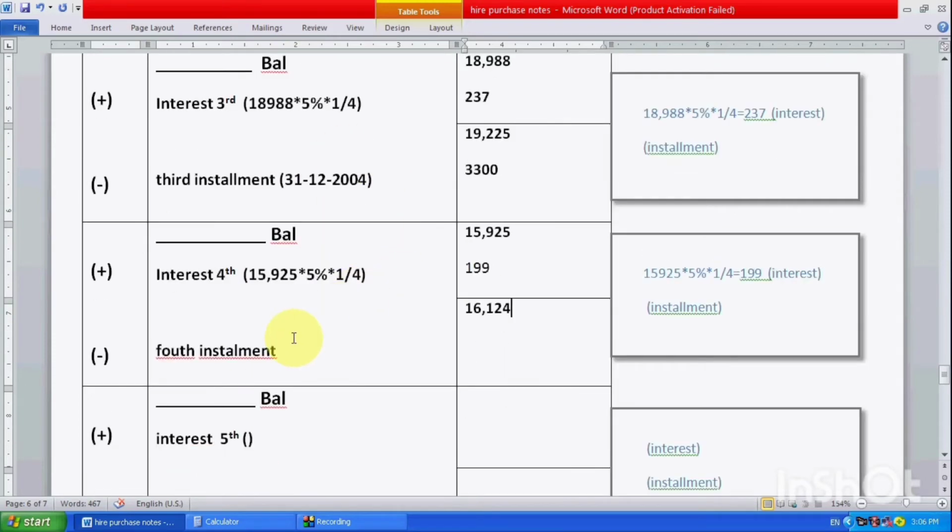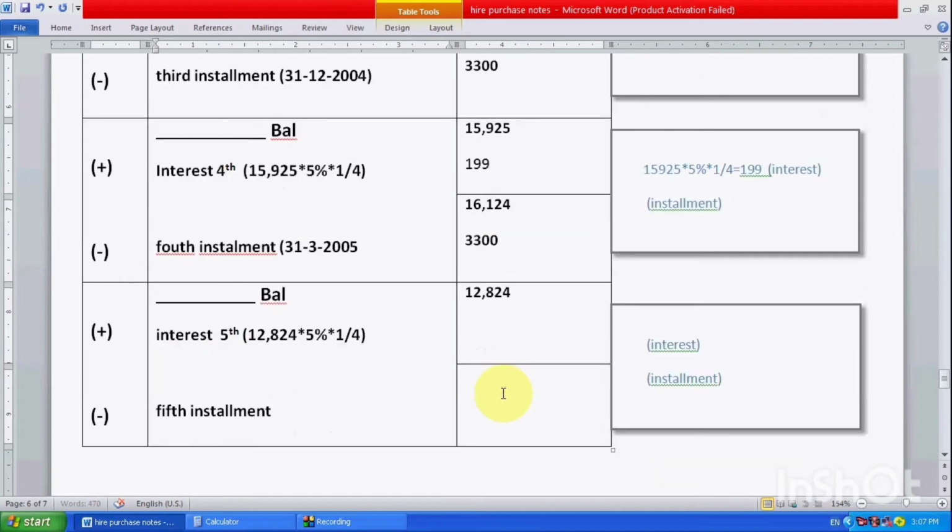Now deduct the fourth installment, that is for 31st March 2005, 3,300. Deduct these 3,300 from 16,124, so we will get 12,824. Now the fifth quarter interest. 12,824 into 5% into 1 divided by 4.